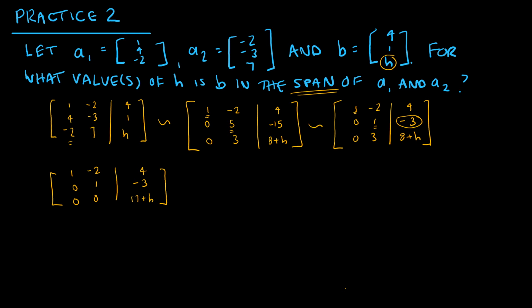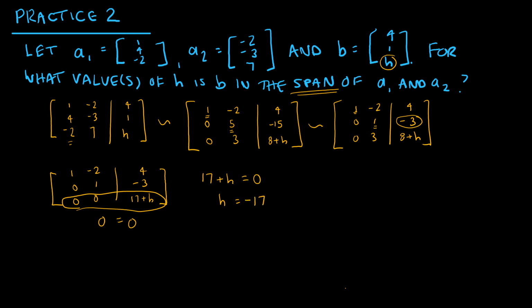Now, here's the problem. The only way that this works is if 0 equals 0 on this last row. Because if h was some value that made it not 0, then this would not be valid. So essentially what I'm saying is 17 plus h must be equal to 0, so h must be equal to negative 17.